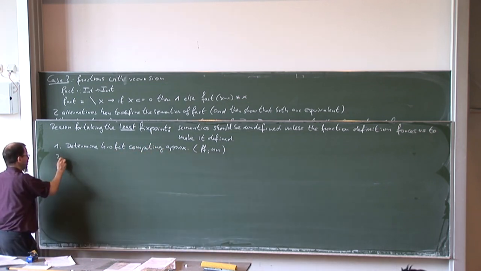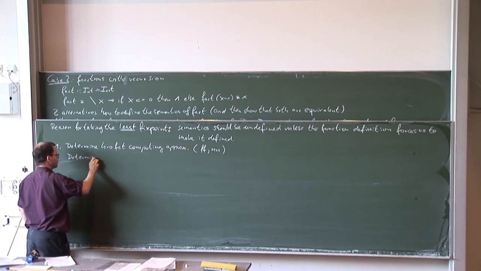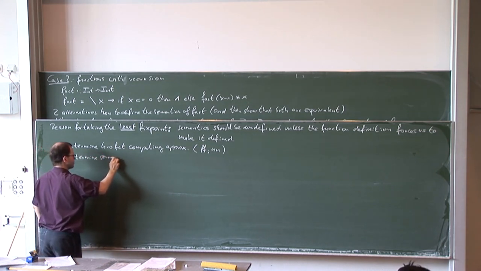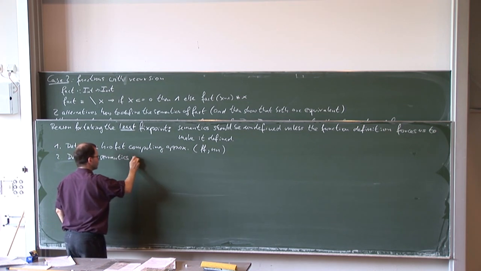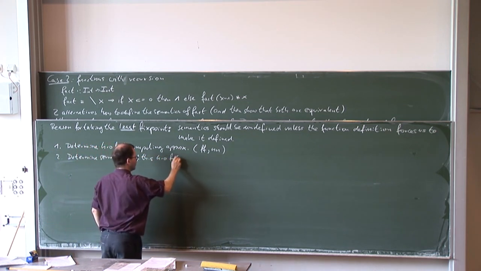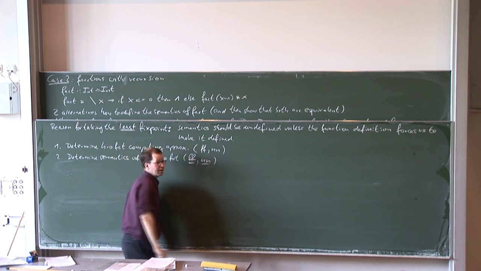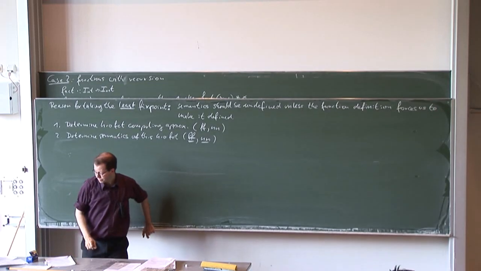Then step 2 would be to determine the semantics of this higher order function. So this would be FF underlined in the factorial example or NN underlined in the non-term example.